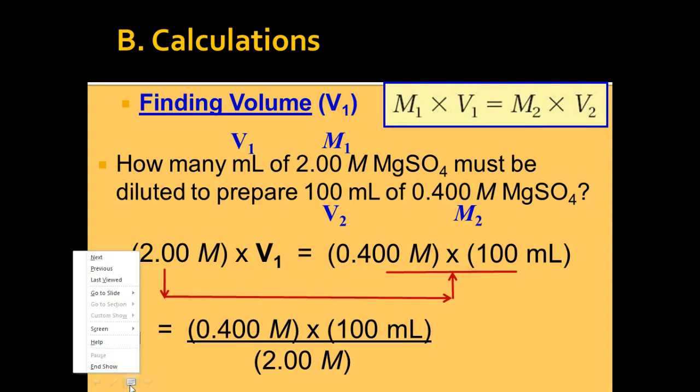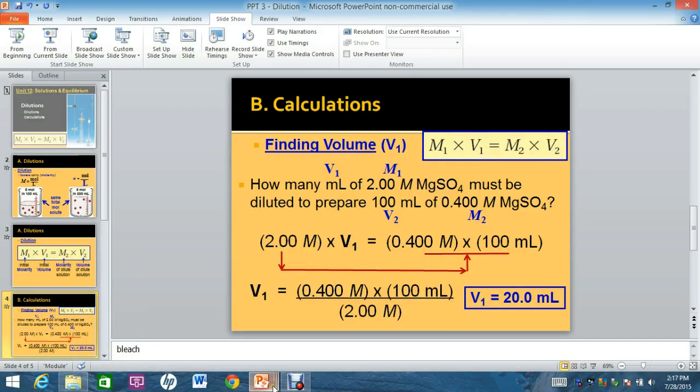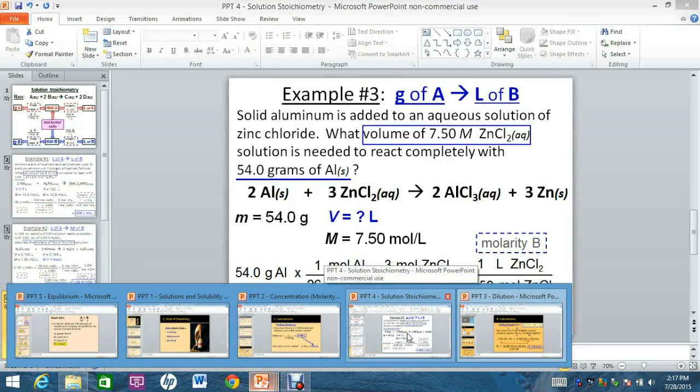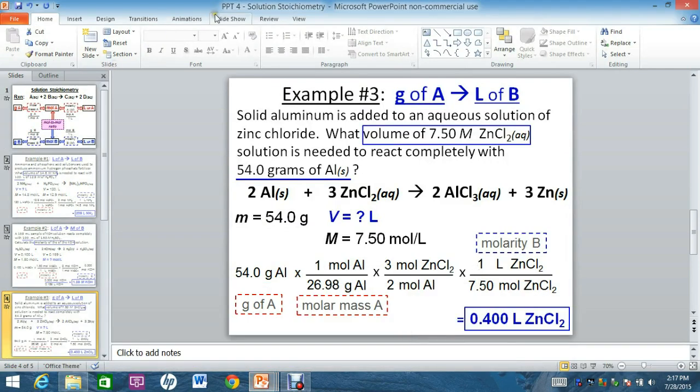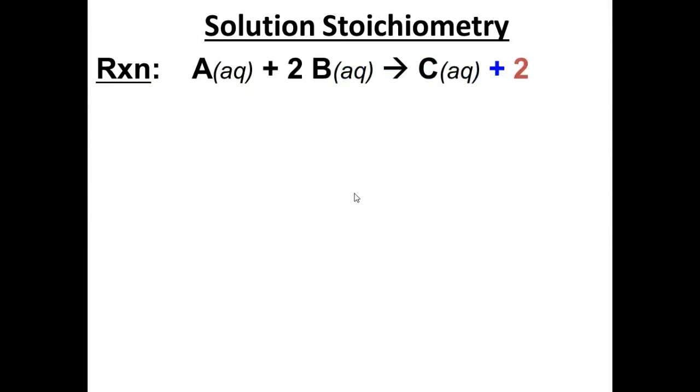And so now we're going to finish up by talking about solution stoichiometry very briefly. I just want to show you what we've learned in stoichiometry, and remember how to do the conversion. So we have moles, and a mole is 6.02 times 10 to the 23rd atoms or molecules of a substance.